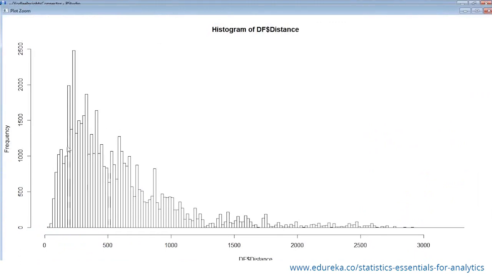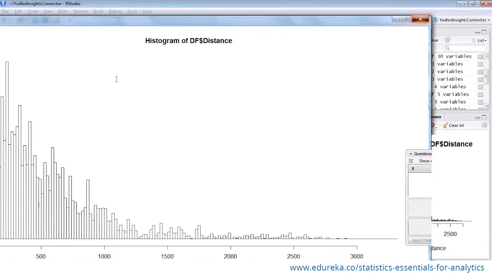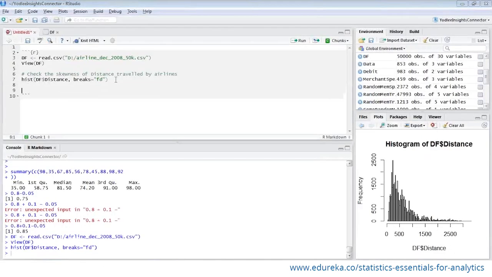This is skewness. Most of the flights are traveling within this range, around 500 miles, whereas a few flights are traveling a very long range. So the distribution is right skewed. This is how you can answer the first question.